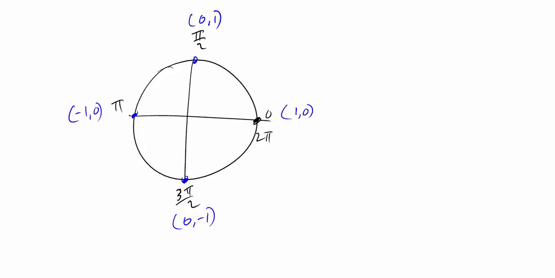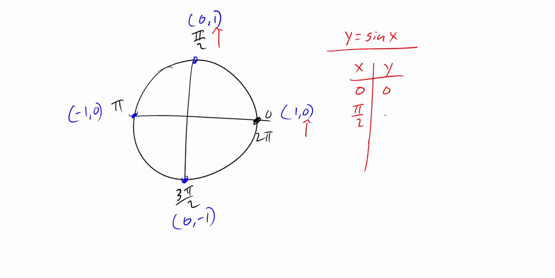So if you were to make a chart, I'll let you finish this up, but I'll start it for you. If we're looking at the sine function, y equals sine of x, and we plug in values for x and get out our y values, when we start at x is 0, we get the sine of 0, which would be 0, and at pi over 2 up here we get 1, and we could keep on going around.